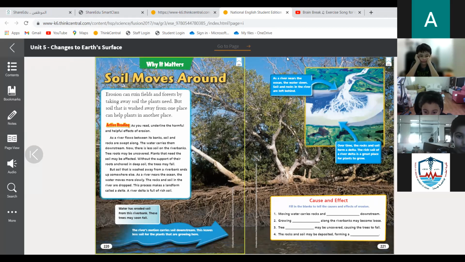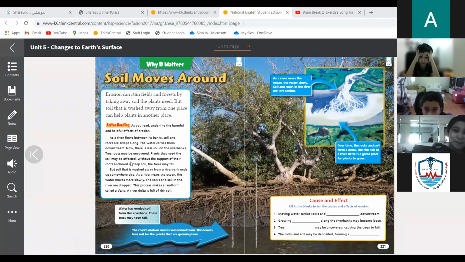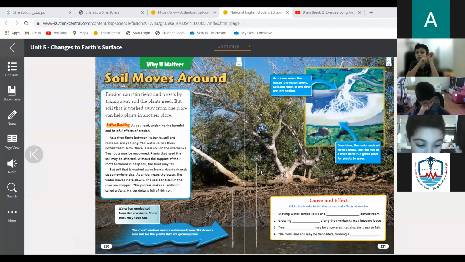Okay, I'm going to stop sharing and I will share again. Now, can you see my screen? But my net is not good, so I still just see loading. It's fine, ya Habibi. How about you open your book to page 220 and 221? When you open it, tell me, what do you see? Only a tree part? Or what else? Tell me now.